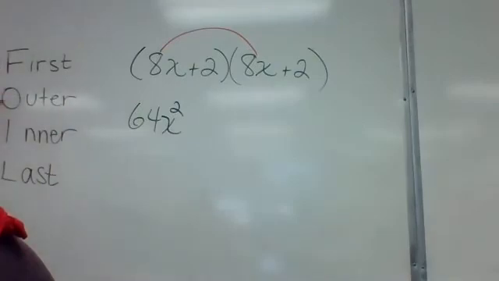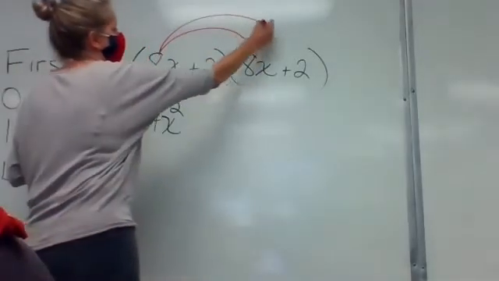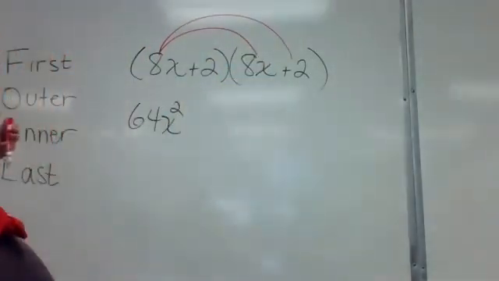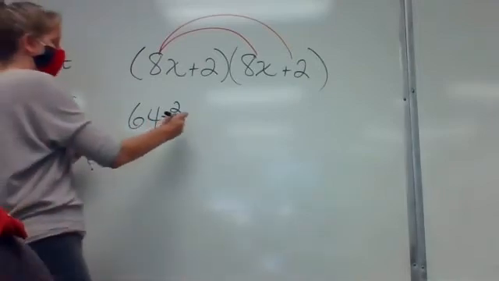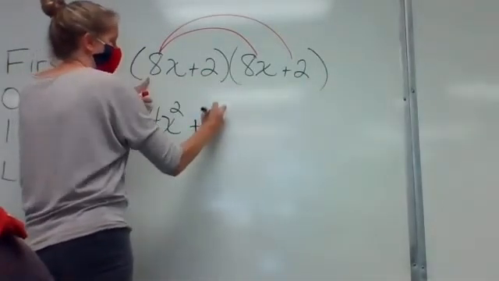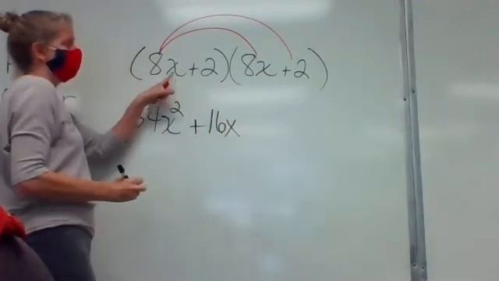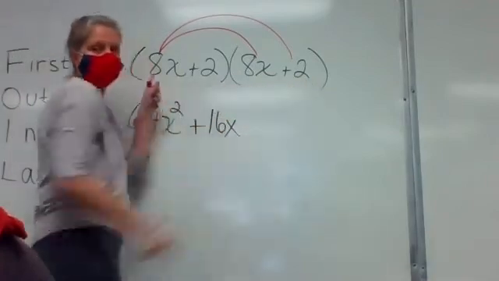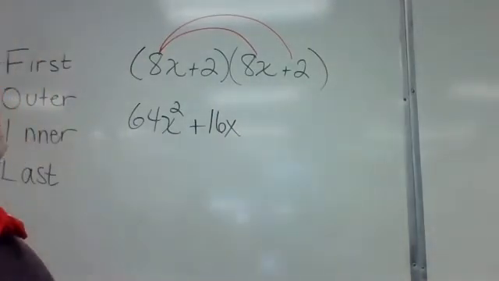After first, I'm going to do my outer. Positive 8x times positive 2, which gives me positive what? 16x, right? And it's just an x, not an x squared, because this one has an x, but that one didn't. So I've done my first, done my outer.